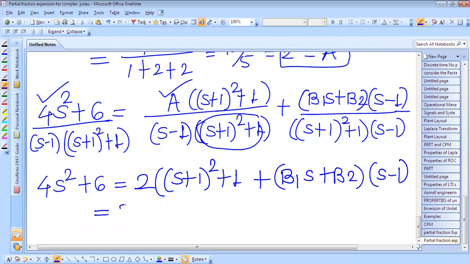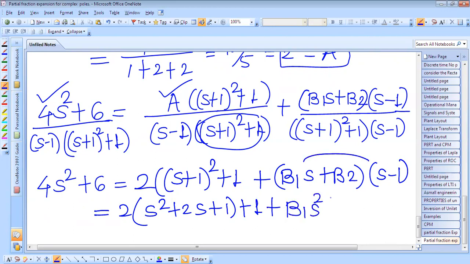So solve this further. 2 into s square plus 2s plus 1 plus 1, plus this. Then we have to solve this: b1 s square minus b1 s, plus b2 s, and minus b2.